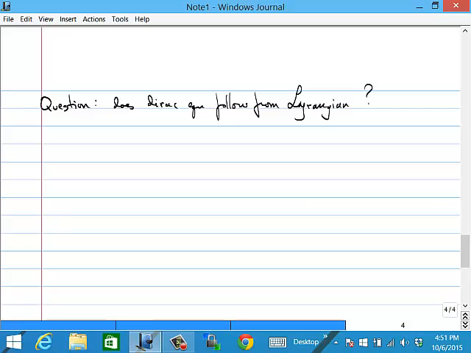So, in order to answer this question, remember that in order to have a Lorentz invariant theory, we need to require that the Lagrange density L is a scalar. That is to say, it's just one number per point in space-time. It doesn't transform in any fancy way under Lorentz transformations.